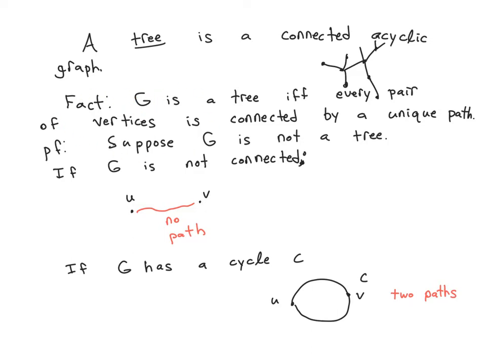Now, one of the theorems the book proves is that a graph is a tree if and only if every pair of vertices is connected by a unique path. So here what we mean by unique is a unique path whose endpoints are those 2 vertices.